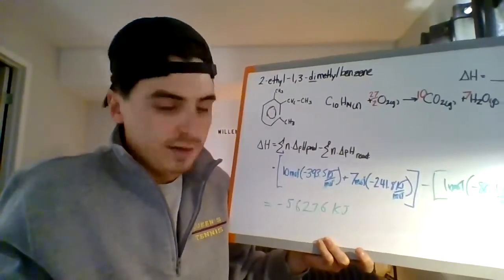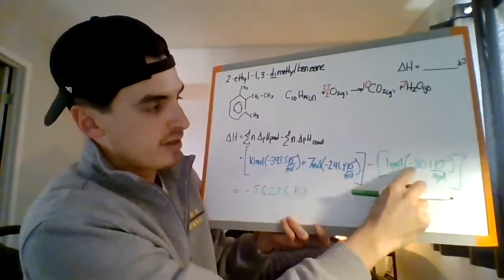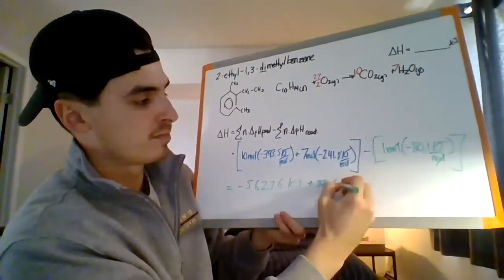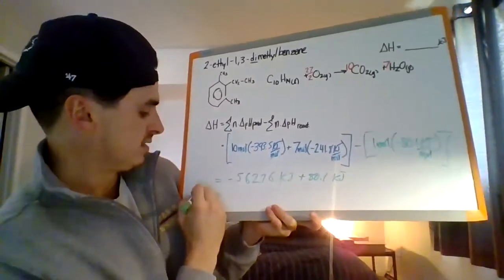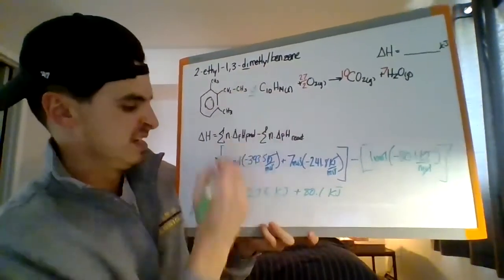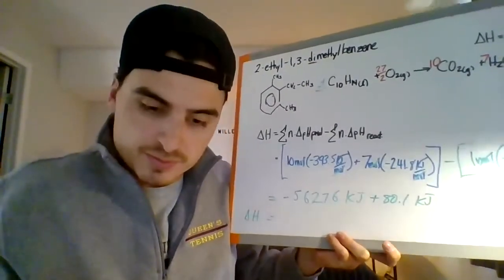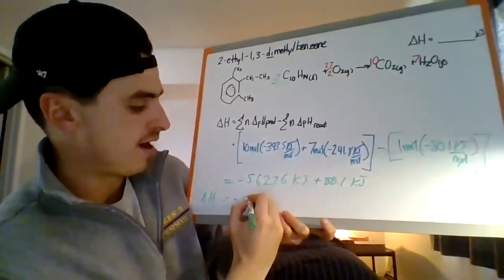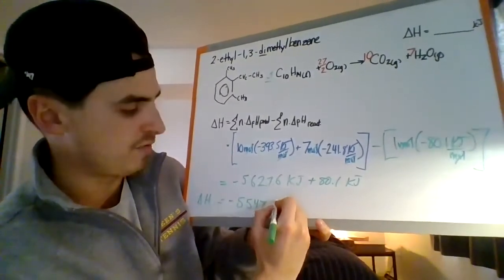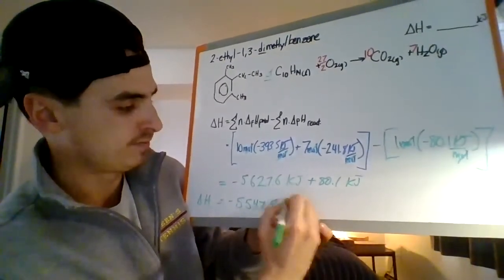Plus 80.1 because a negative and a negative makes a positive. So my delta H for this reaction with a coefficient of 1 is negative 5,547.5 kilojoules.